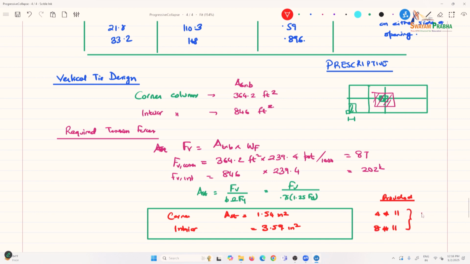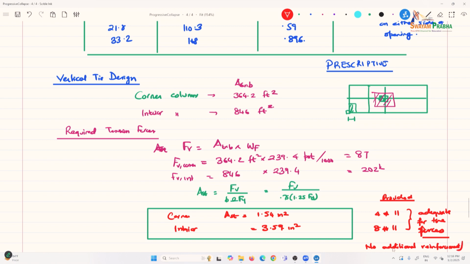These are adequate. So, there is no additional reinforcement needed for the given forces.